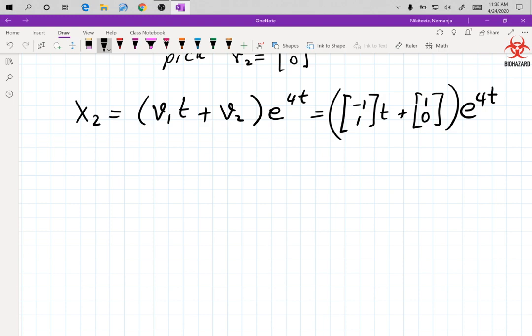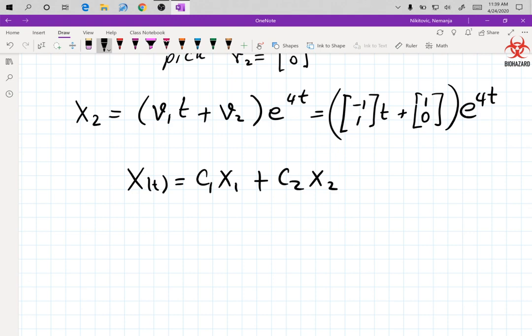And there it is. So now you can come up with the general solution x(t), which is c1 x1 plus c2 x2, plugging those two values in, and we're done.